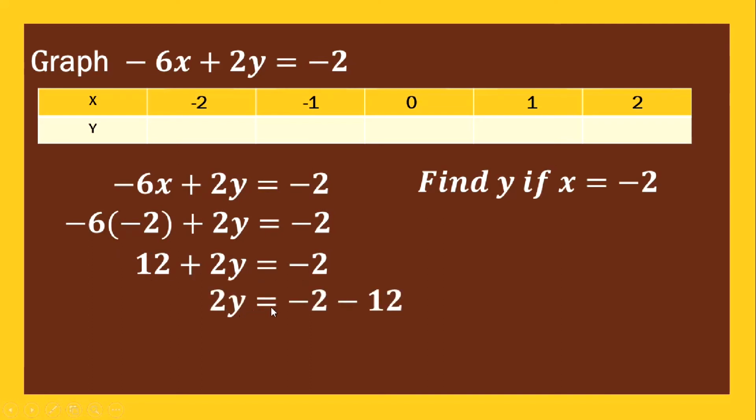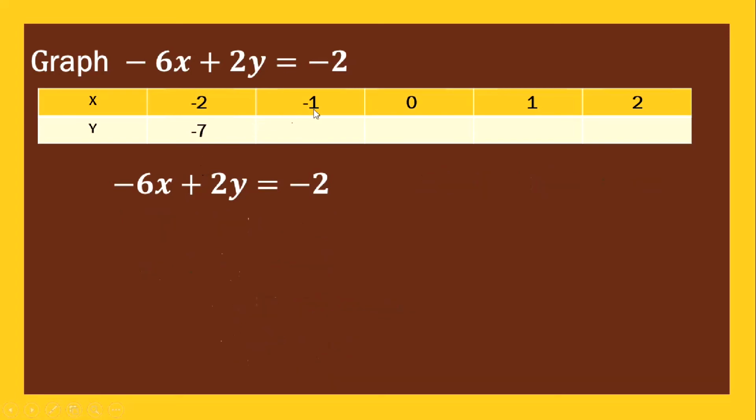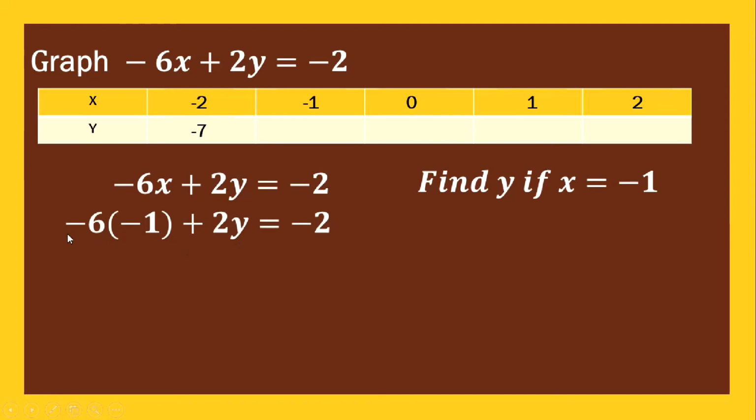So, we have 2y equals negative 2 minus 12. 2y equals negative 14. Divide both sides by 2. So, we have y equals negative 7. Meaning, if x is negative 2, y is negative 7. Next, find y if x is negative 1. Substitution again. Negative 6 times negative 1 plus 2y equals negative 2.